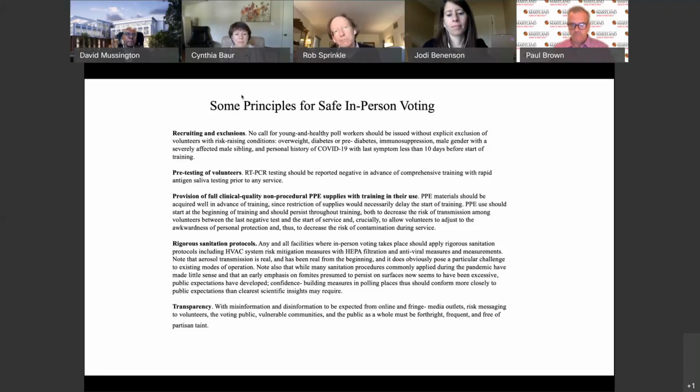But the notion of having a principles-based approach to safe, full, and secure voting is, I think, one that resonates with many people who are specialists in this area, and probably with the public, because it means telling people with all the clarity you can muster what you're doing to secure their access to the ballot with high integrity. So I'll shut this off now and give you back your time.